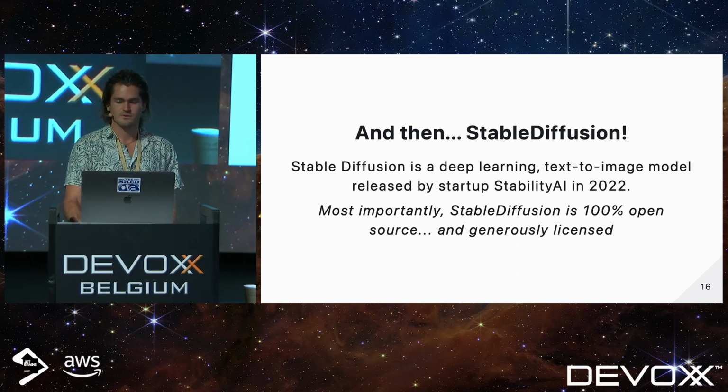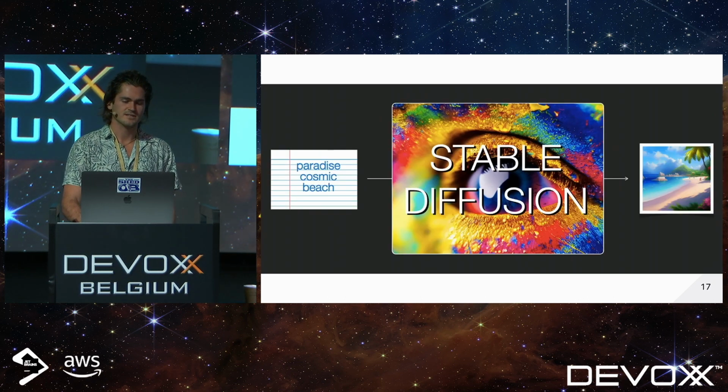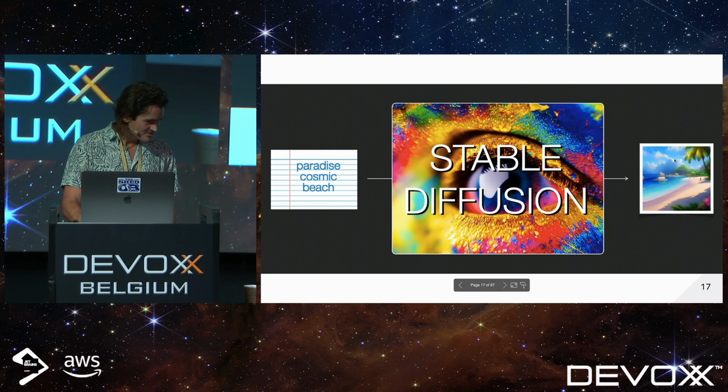It's 100% open source. It's generously licensed, and it works basically very similar to DALL-E 2. It's actually more similar to another model called ImageGen, which is also not open source, but it gets the same thing done. So you can see here, you give it a prompt like Paradise Cosmic Beach, and StableDiffusion outputs something like this, right? An image.